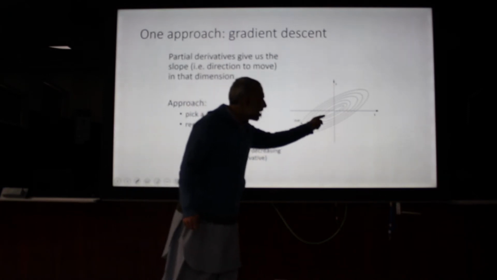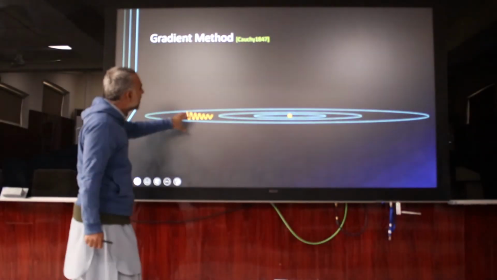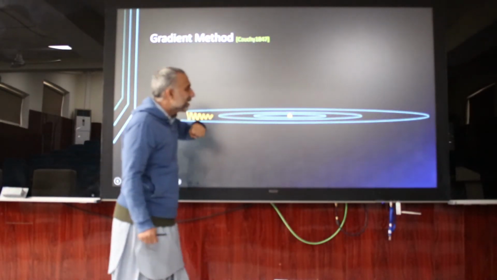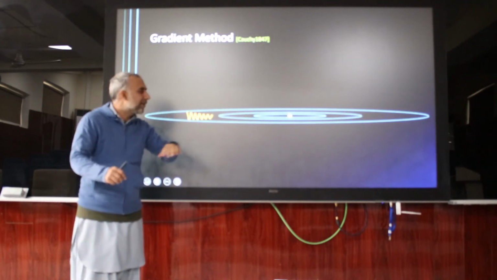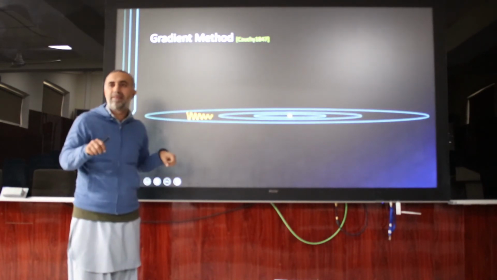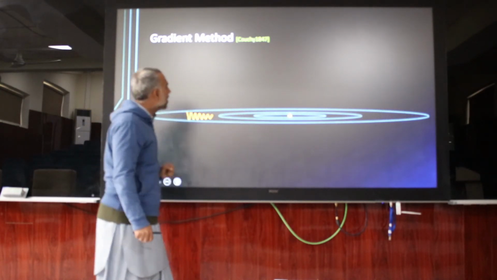Big change, then small change, reaching the center. Similarly, you can also notice this is kind of a circular pattern. It should not be an ellipse, it should be a circle. Then you reach the center point.